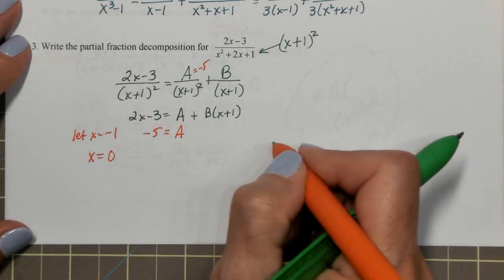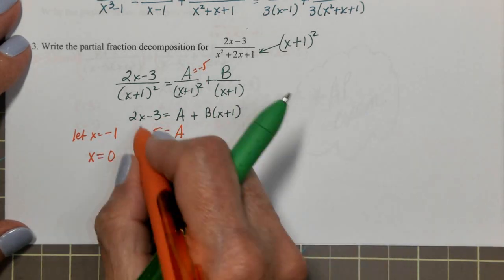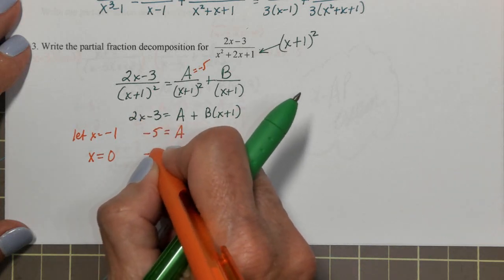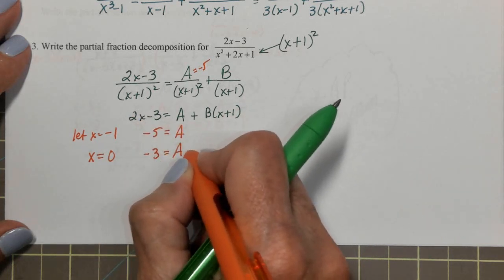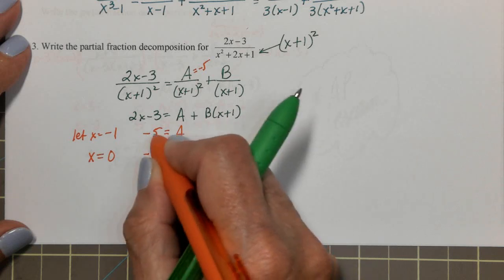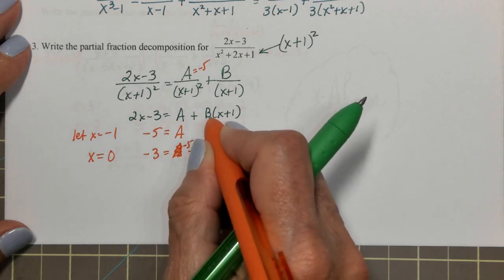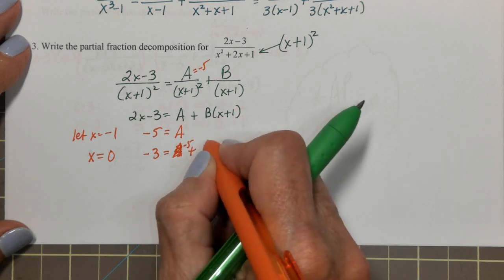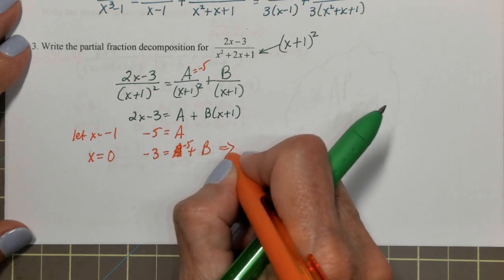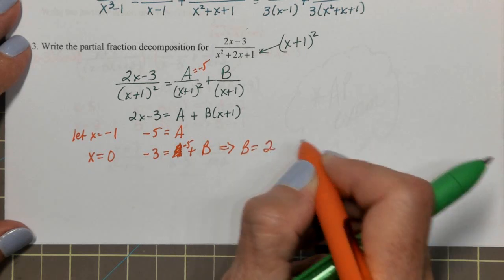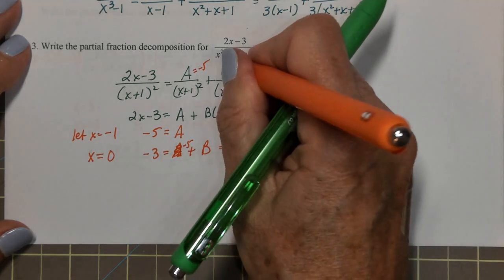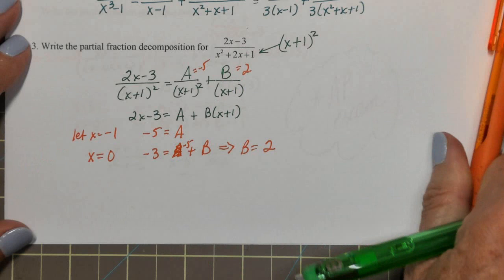Let's let x be 0. I like to let x be 0 when I can. So 0 minus 3 is negative 3. We'll have a plus b, which is, a is negative 5, plus b times 1. So this tells me that b is 2. Wow, that turned out to be nice and easy.